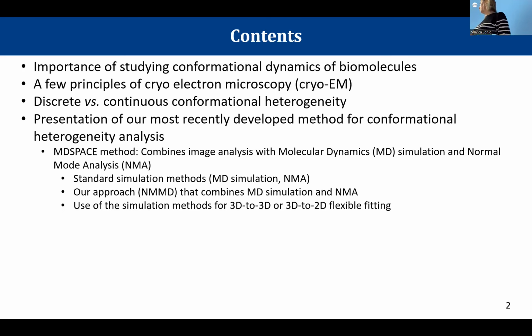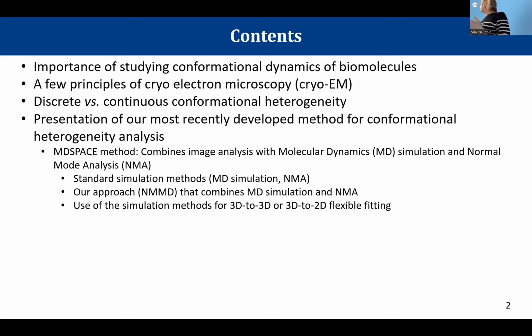So we will speak about 3D to 3D flexible fitting and 3D to 2D flexible fitting. When we say 3D to 3D, this means we have basically two 3D data sets, and each represents a different conformational state of the complex. And then you want to go from one state to the other.